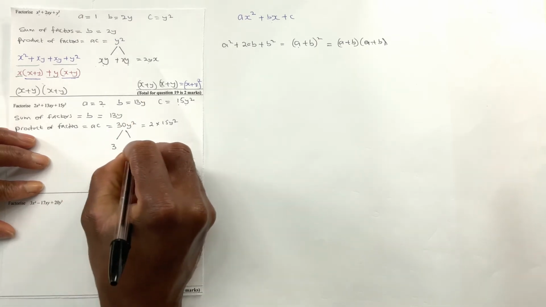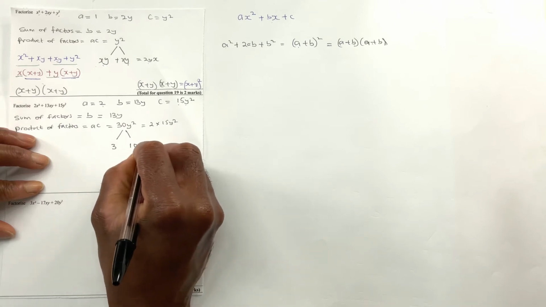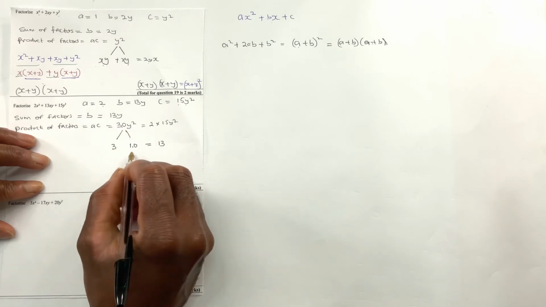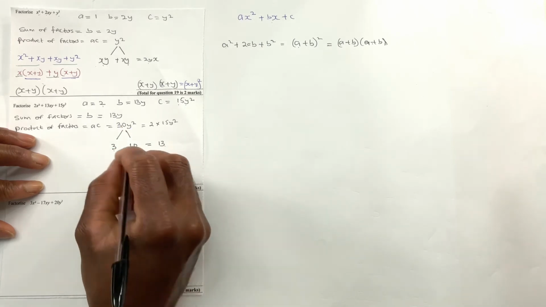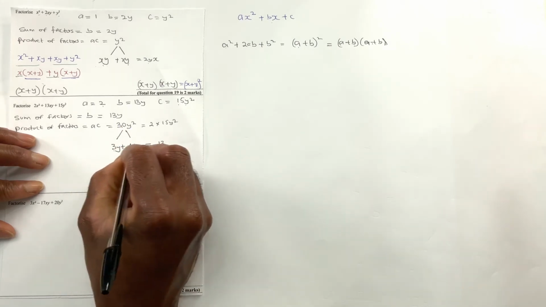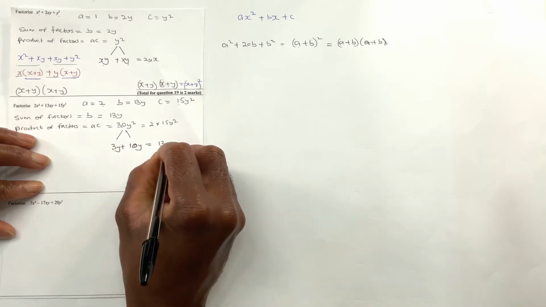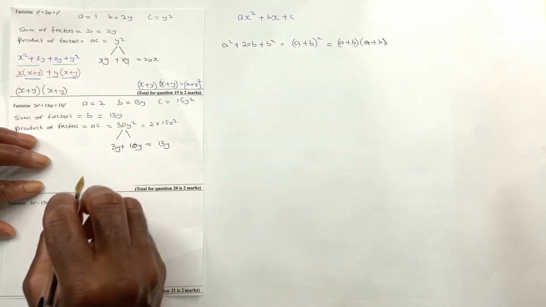And that could be 3 and 10. That give me 13. 3 times 10, 30. 3 plus 10, 13. So I put y there, and that's y as well.